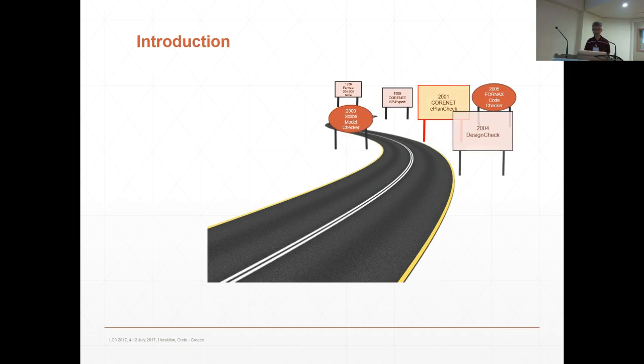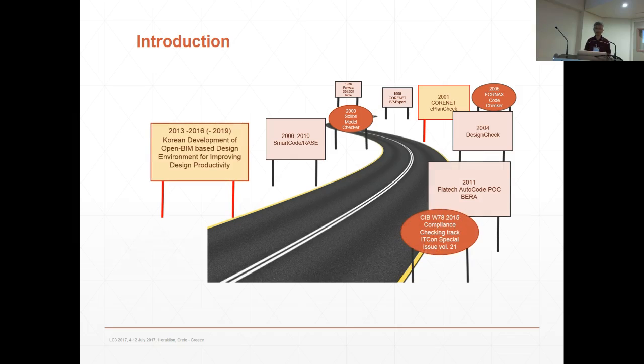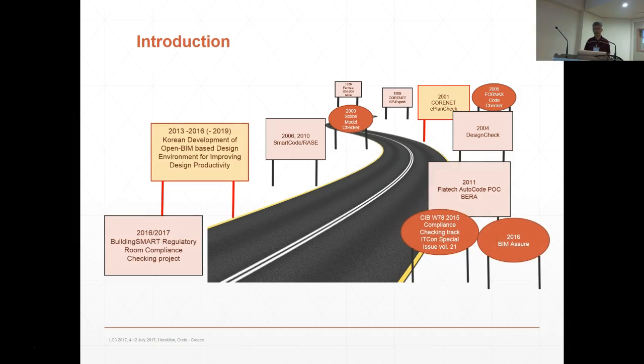So just as an introduction, research into rule checking systems has gone a long way. It started in about the 60s when Fenves introduced a decision table. That's in 1966. But a lot more real activities in terms of developing the systems probably started in the 90s.